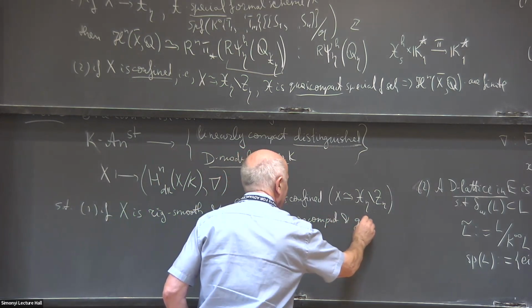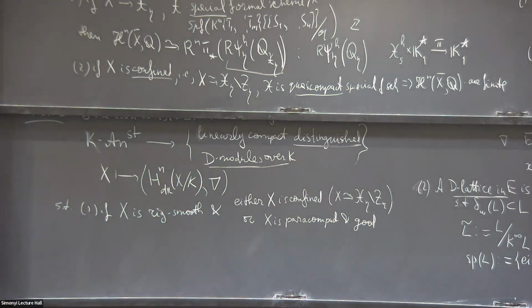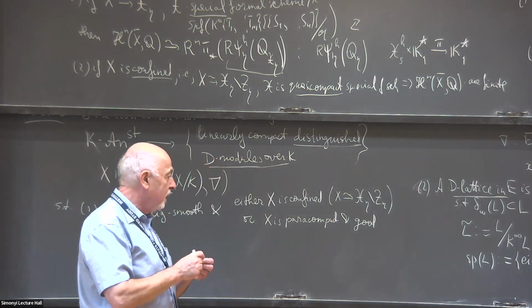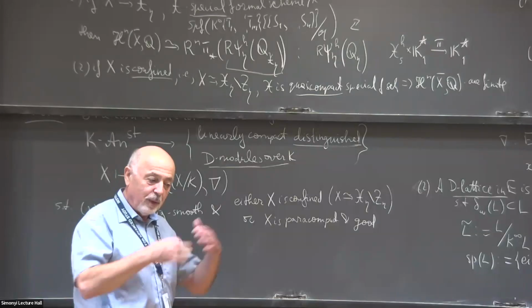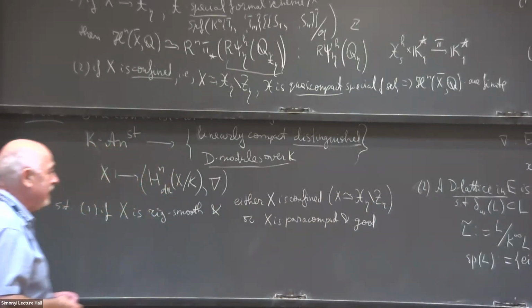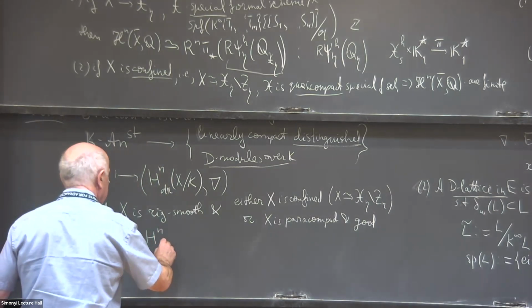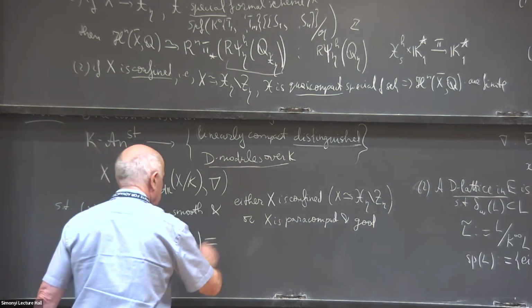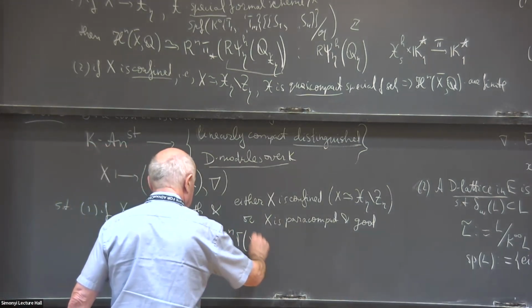And what I call paracompact is the usual sense. Good means that every point of an analytic space has an affinoid neighborhood. Then these cohomology groups coincide with the usual cohomology.